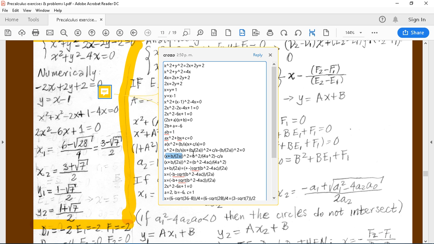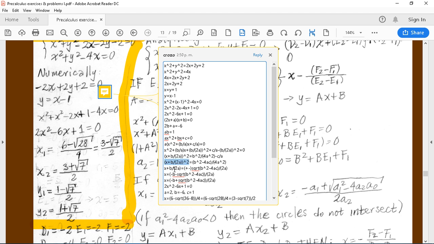We can express this term so that the fraction will have only one denominator. So on this side we will have b squared minus 4ac over 4a squared.